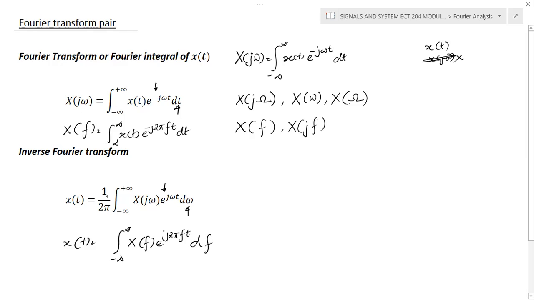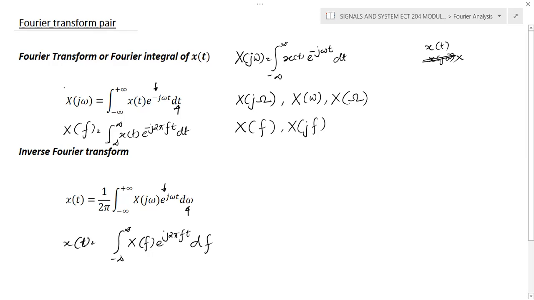You can see there is no 1 by 2 pi if you represent in terms of f, because omega you can write as 2 pi f, and the 2 pi will cancel. So that's why when you write the inverse Fourier transform in terms of f, there will not be any 1 by 2 pi.